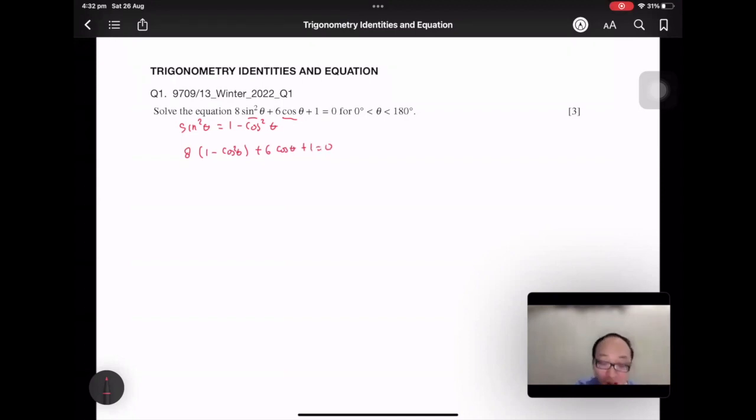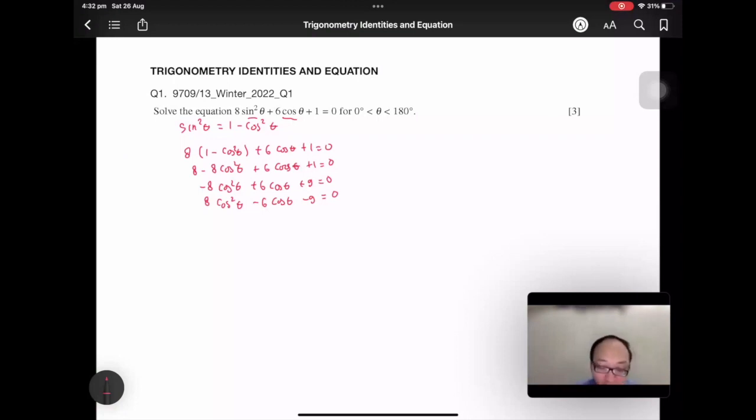Then I simplify: 8 minus 8 cos square theta plus 6 cos theta plus 1 equals 0, and then it is negative 8 cos square theta plus 6 cos theta plus 9 equals 0. I multiply everything by negative 1, so 8 cos square theta minus 6 cos theta minus 9 equals 0.